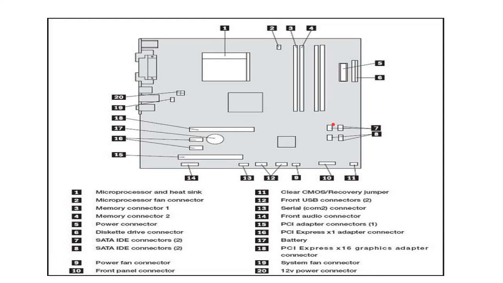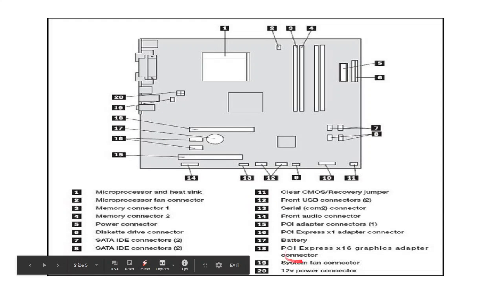So this is actually a block diagram of the system. This represents the BIOS, and this represents the microprocessor and the heatsink, and these are the connectors for the USBs you have here. And there are so many: fan connector, then drive connectors, all these things are represented here.